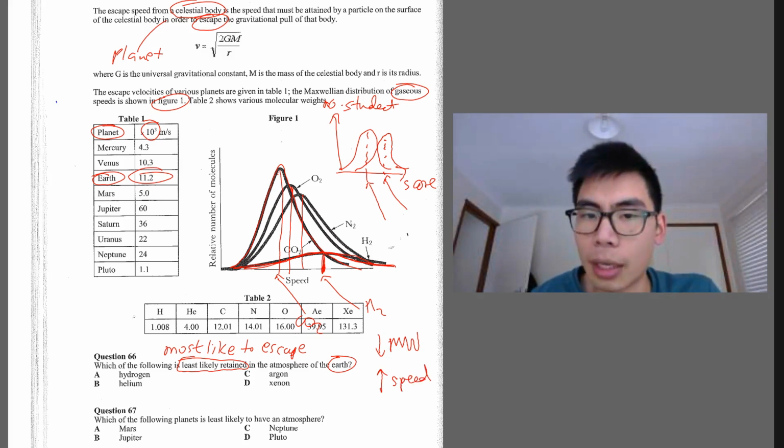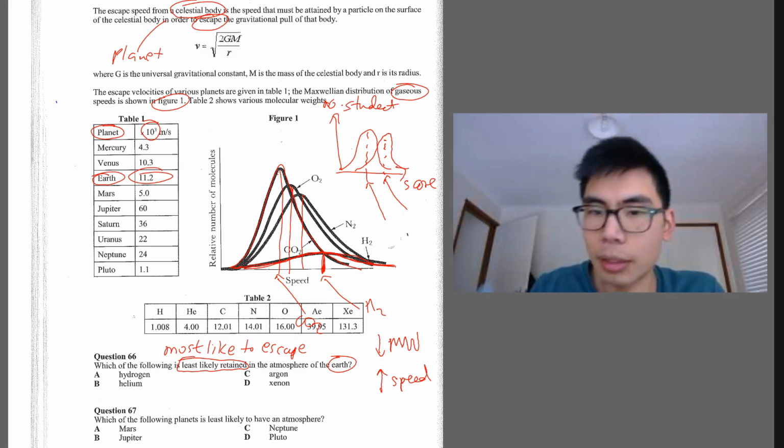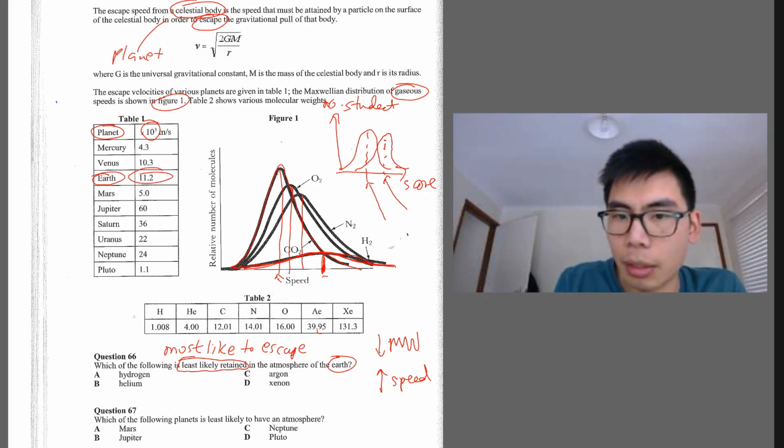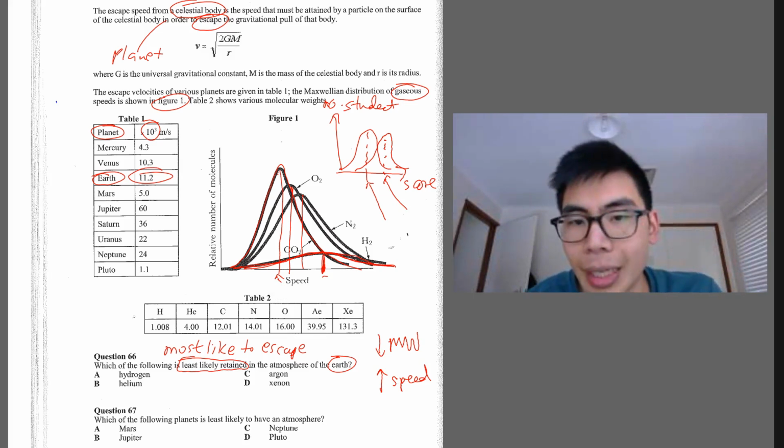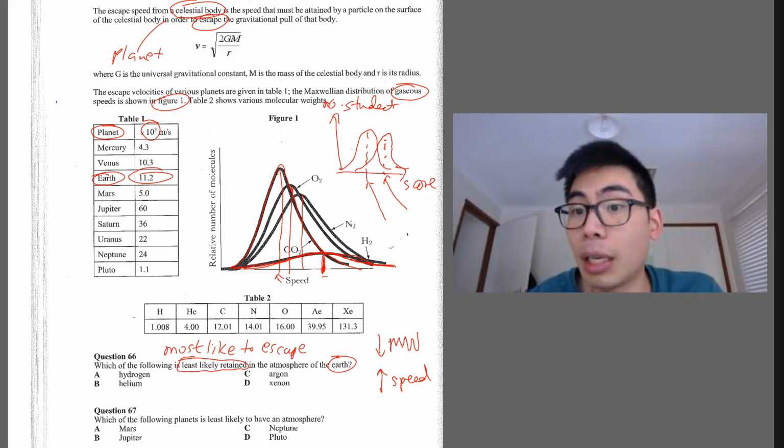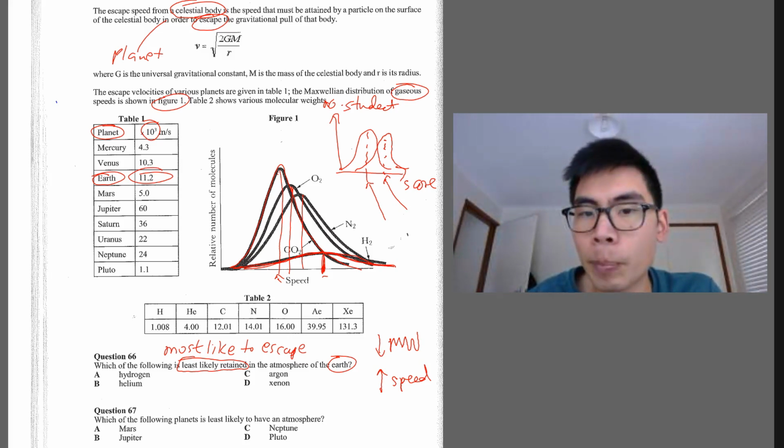We can now use that to solve the problem because hydrogen, helium, and argon and xenon are not on the graph, but I'll just write this out. In table 2, it has listed the various molecular weights for different elements or gases. And you can see that hydrogen, out of all of those gases, has the lowest molecular weight.